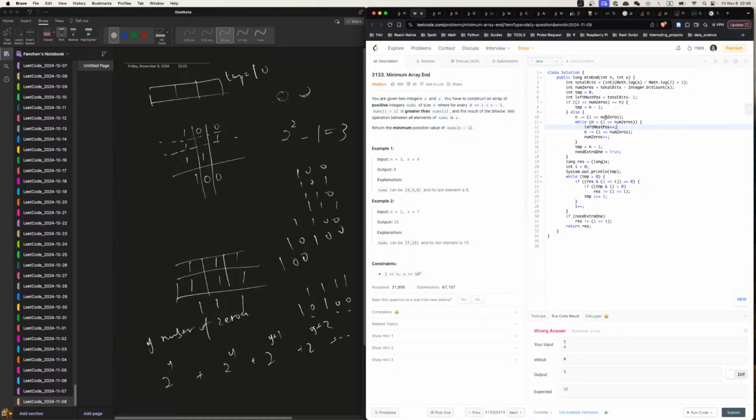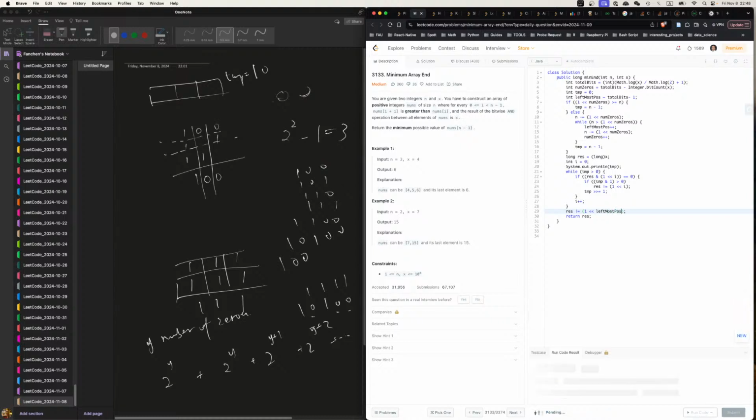So we take away the original. If it's larger than, then we need to move forward, right? N minus. If it's still, we just keep moving, and eventually you will get the leftmost position. And actually, we don't even need this check. We just at the end say leftmost position, and that should give me the right answer.